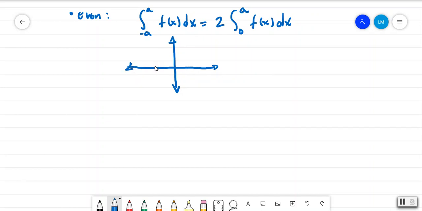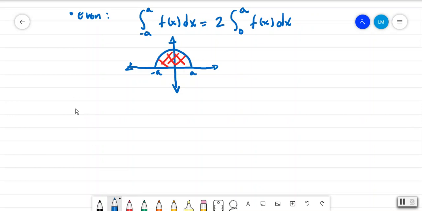So for example, if I had something like this, then from negative a to a, the region that lies beneath the curve is going to be symmetrical any way that you look at it. So we can just look at one part of it, from 0 to a or negative a to 0 respectively.